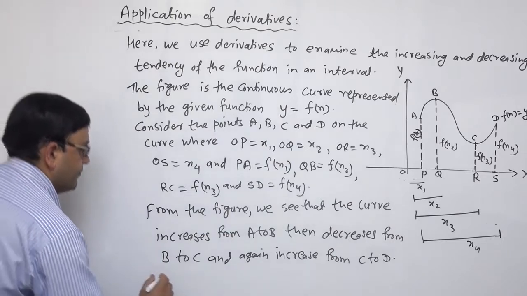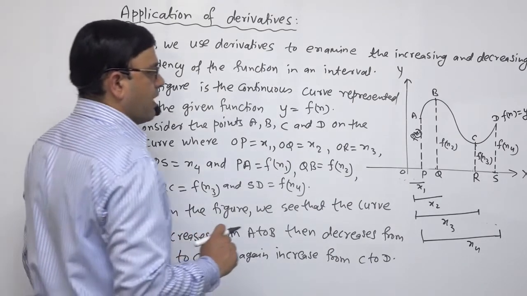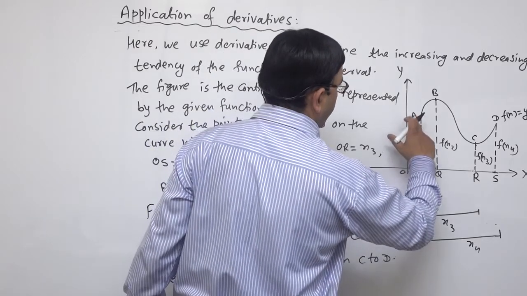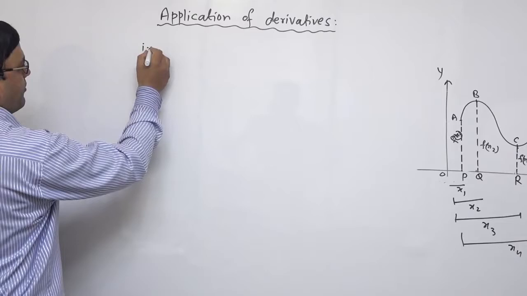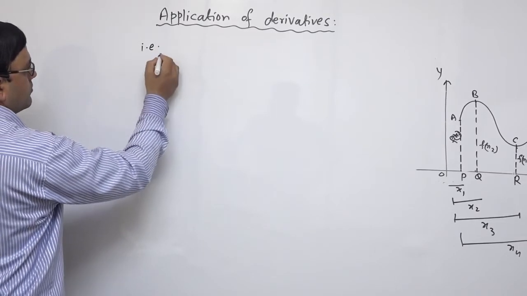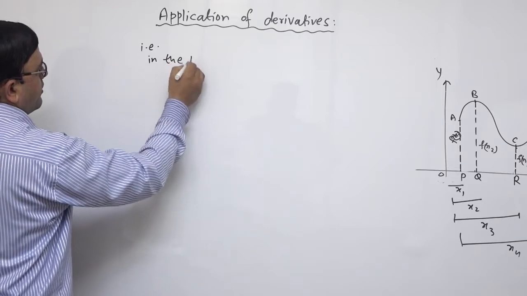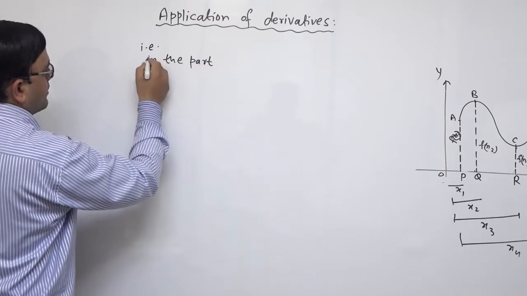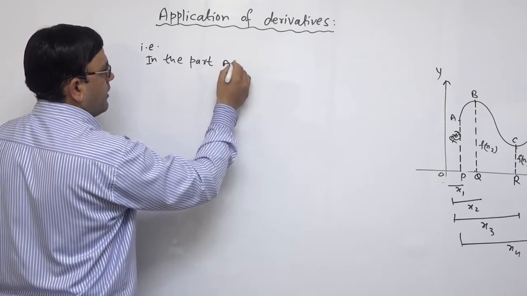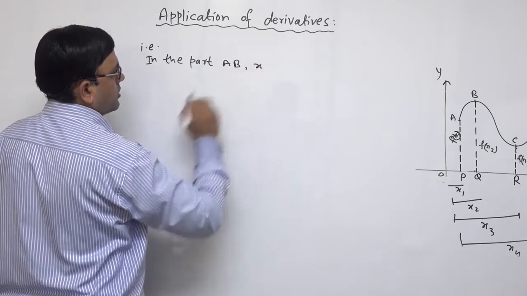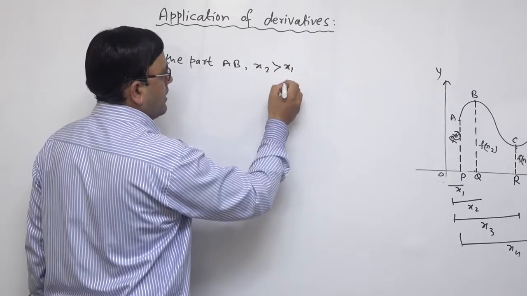That is in the part of AB, and then in the part of BC, in the part of CD. In the part AB, x2 is greater than x1.